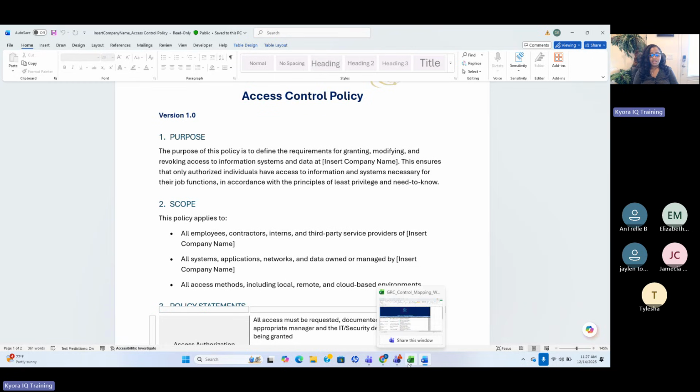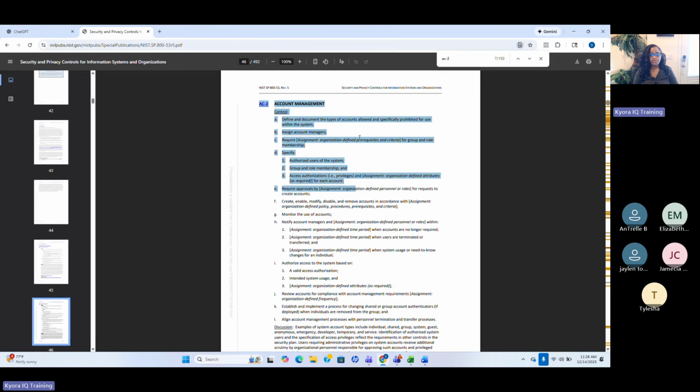And then let's just say, going back to our NIST framework document here. This is a lot of information, right? I know that when I first started, we didn't have ChatGPT 6 years ago.